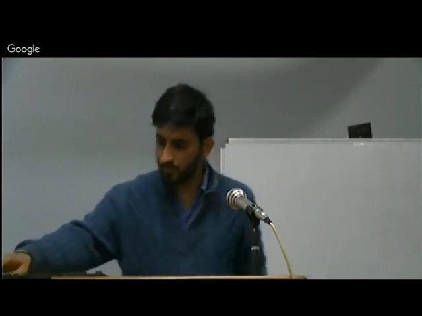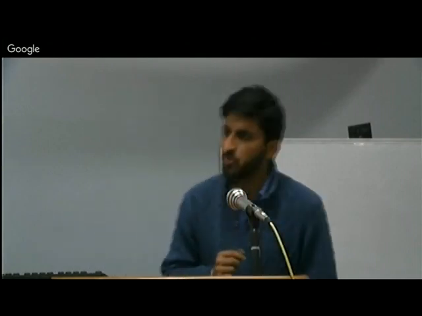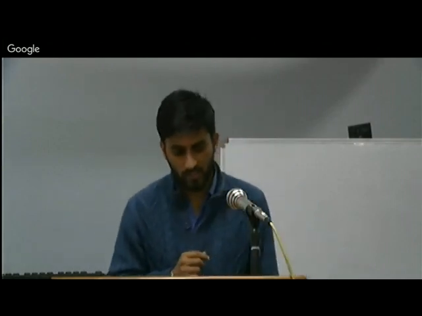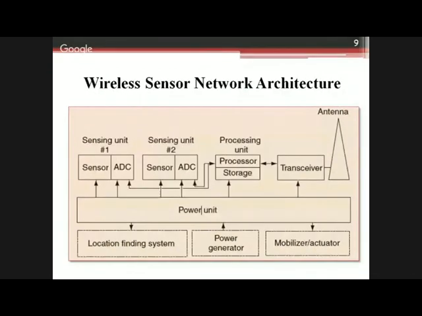So this is the architecture point of view of a wireless sensor network. As you can see, there are two sensing units which are connected here, and we have the sensors and analog to digital converters. Sensors are obviously performing your sensing tasks.